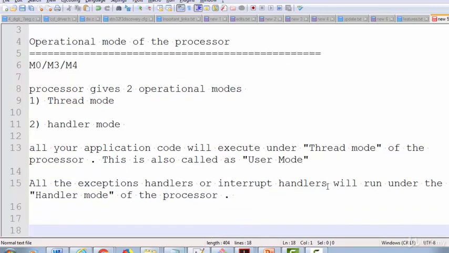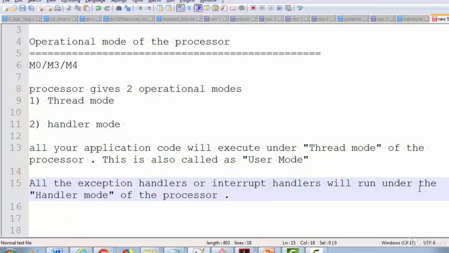Okay, so that means whenever your processor hits any system exceptions or any interrupts which come from any peripherals, then the processor will immediately change its mode to the handler mode, and the interrupt service routine associated with that exception or interrupt will be executed under the handler mode. Okay, so all the exception handlers or interrupt handlers will run under the handler mode of the processor.